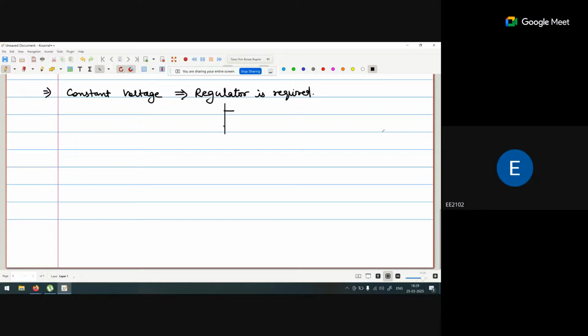Okay. Now these regulators are classified into two parts. One is the switching regulator. And second is the linear regulator. In the linear regulator, the voltage is always the same, linearly regulated.